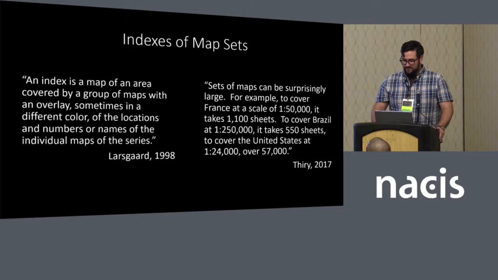We use these index maps to keep track of what we have, and sometimes to keep track of additional information about individual sheets. So the title, and who it's published by, sometimes they're published by different publishers in different languages. There's new editions, things like that.